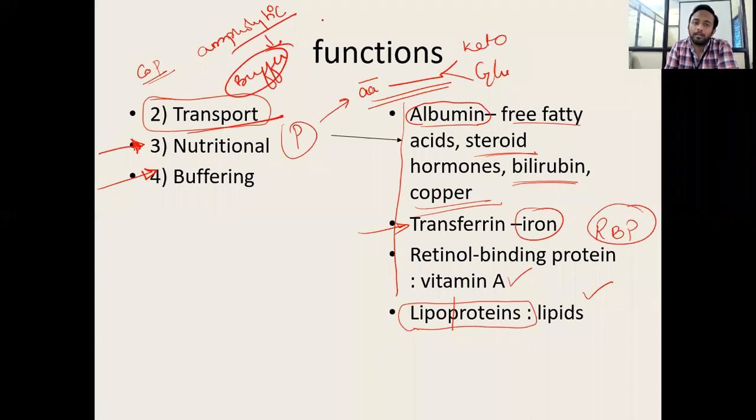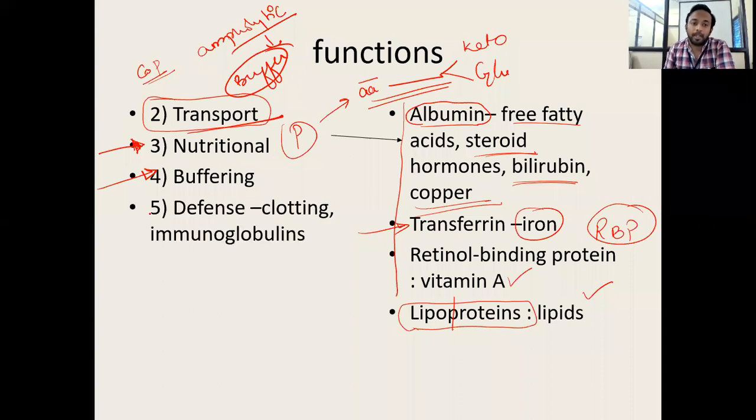Buffers are any solution which resists the change in pH. Next, the gamma portion, as I told, contains immunoglobulins like IgA, IgG, IgM, IgE, IgD. These immunoglobulins are the defensive system.